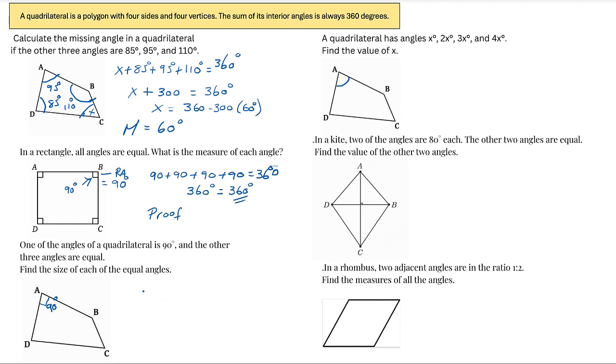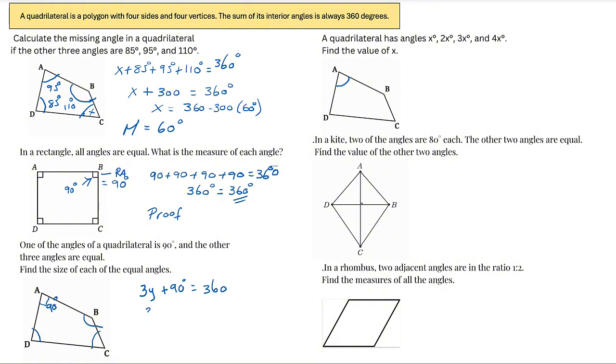So what we're going to do is call all of these angles Y, because they're all equal. So I've got 3Y plus 90 degrees equals, yes, you've got it, 360.